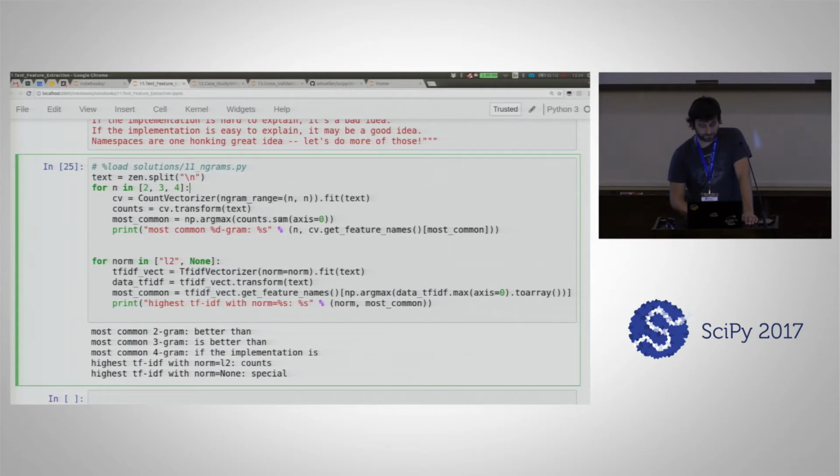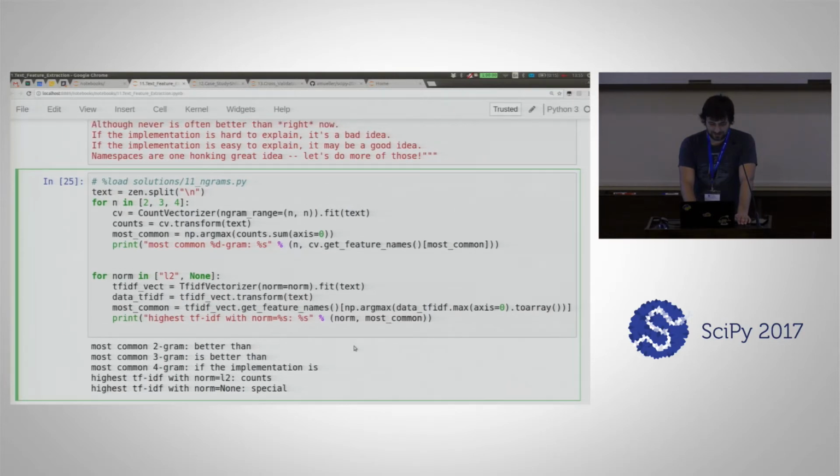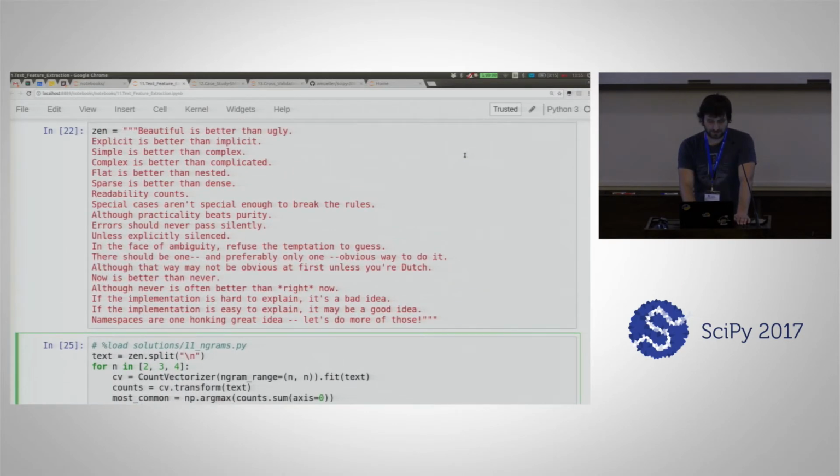The counts give us just a bag of words representation. We do sum with axis equal to 0. This gives us the overall counts in the whole text. And then doing argmax gives us the most common one. So the most common bigram is "better than", the most common trigram is "better than", and the most common fourgram is "if the implementation is", because that is the only fourgram that appears twice, I think.